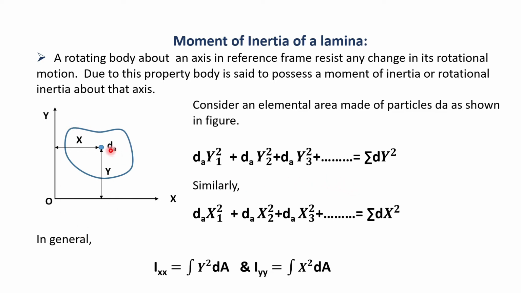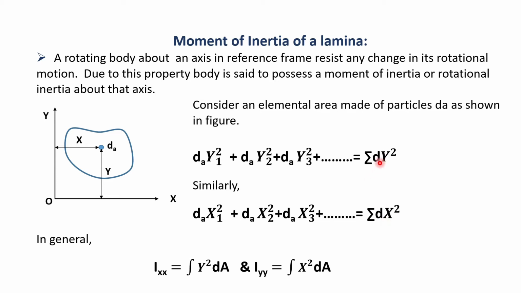Summing the areas into the distance squared, y1 square, y2 square, as different areas are at different distances, in total we get sigma dA y square. Similarly, for the other reference axis, we get sigma dA x square.